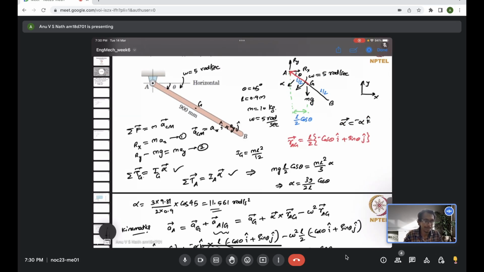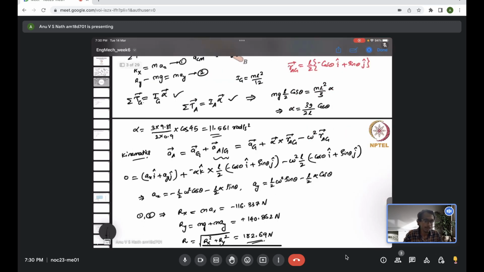But if you write the equation about the center of mass, then both Rx and Ry will appear in the moment equation as well. So alpha will remain an unknown in that case.